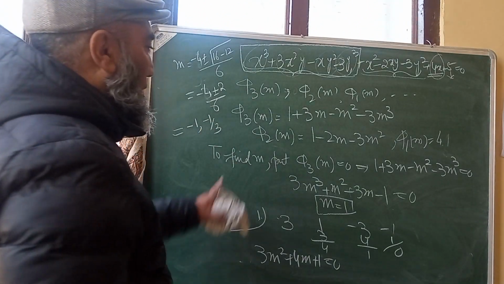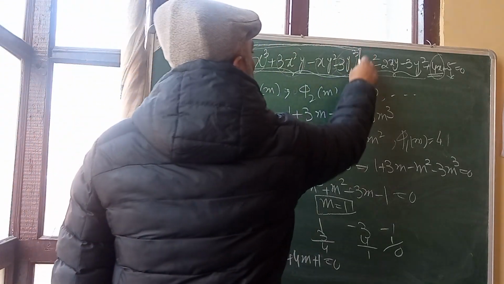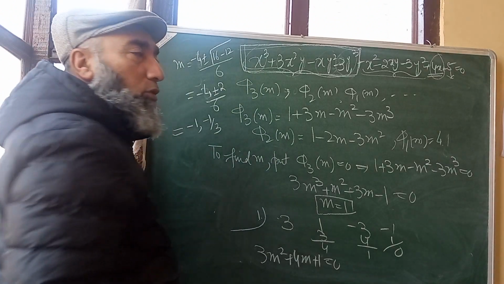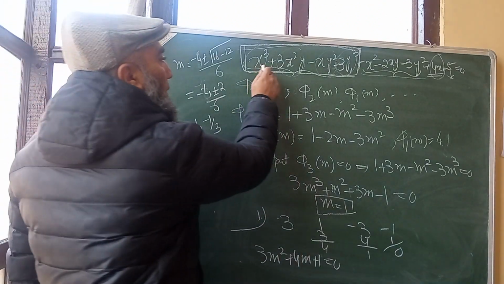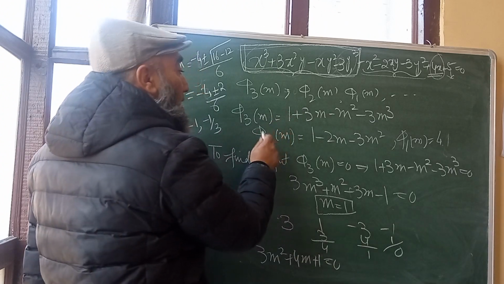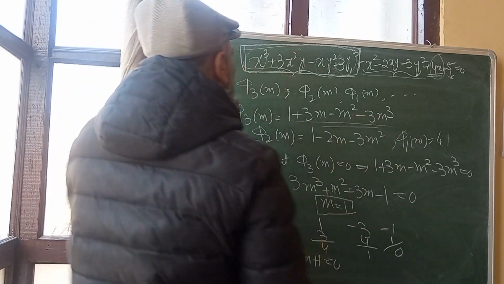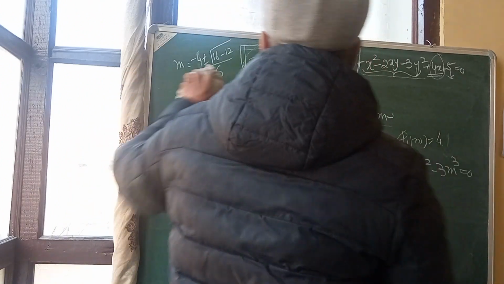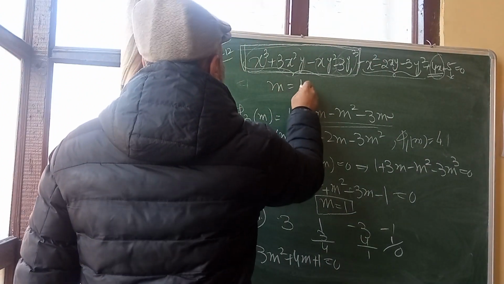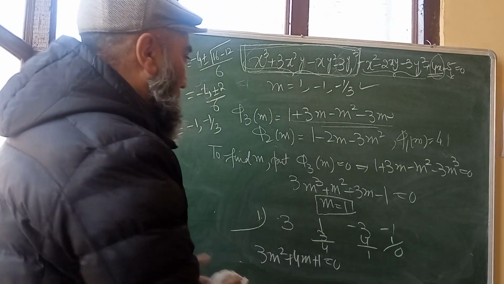So you have phi 3m, found by putting x equal to 1 and y equal to m in those terms wherein degree is 3. Putting phi 3m equal to 0, you have obtained m equal to 1, minus 1, minus 1 by 3. See, non-repeated roots.